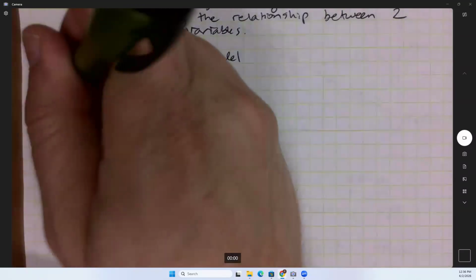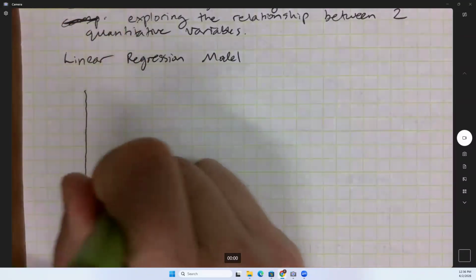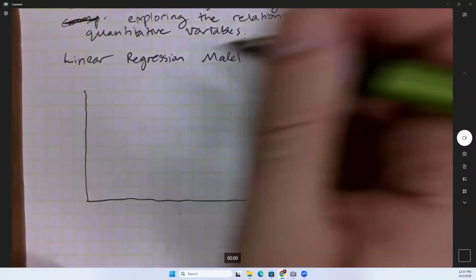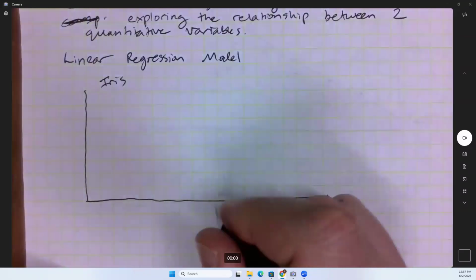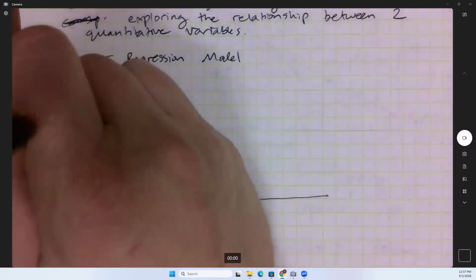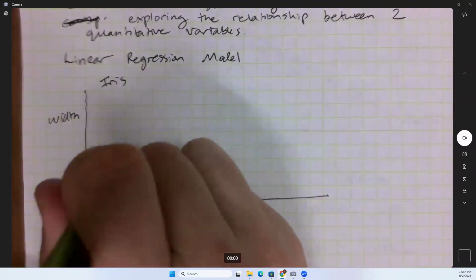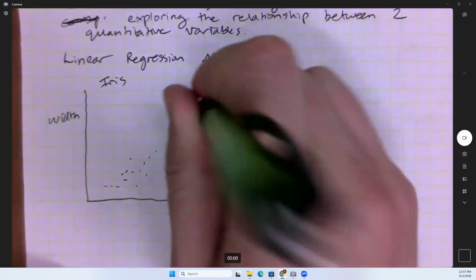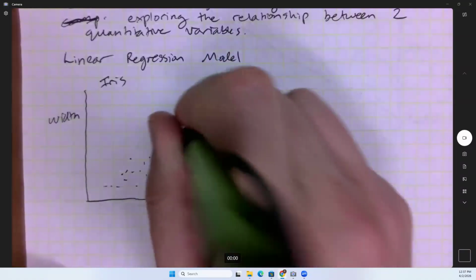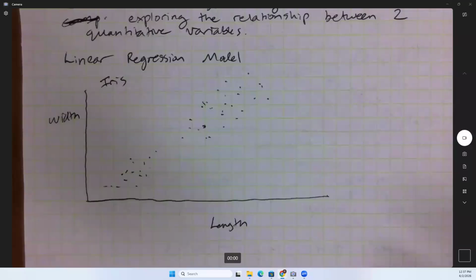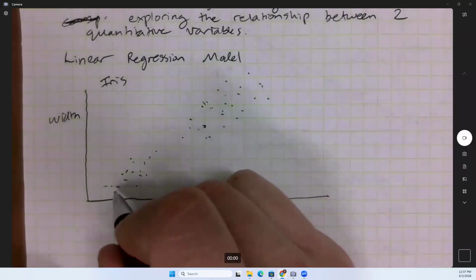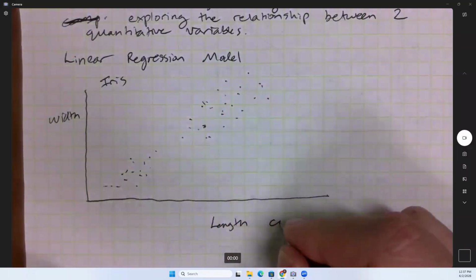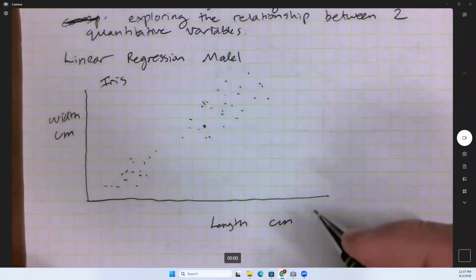But here's the basic idea. We've got our data. Here's our iris data with length here and width here. And there's our data. Sure looks like it's correlated. We've done a correlation test and we've quantified the correlation, but it would be nice to know what the actual relationship is between length and width in centimeters.